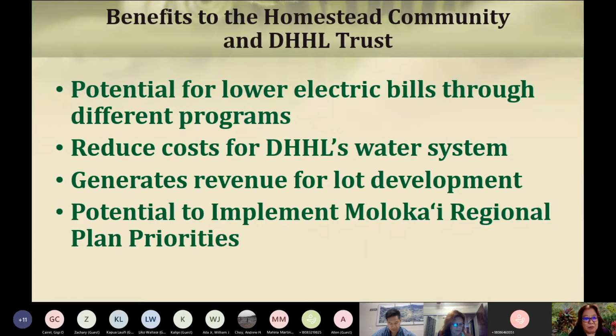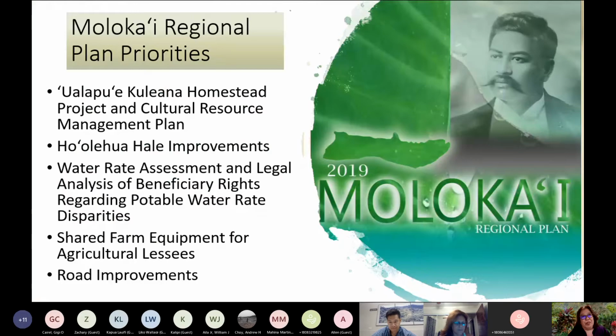And when we're looking at community benefits, we could take that list out and look first at the list that we've developed and say, hey, maybe we can look at implementing some of our regional plan priority projects. So there's all these reasons why we're looking at renewable energy development.